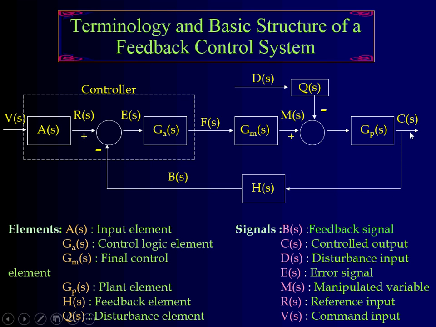This would be the output, this would be the disturbance input right here, and you have the error signal, of course, and this would be the variable that is controlled. This is the reference input in here, and in here would be the control, the command input here. So normally this would be like a dial, and this is already converted to a voltage, some signal.